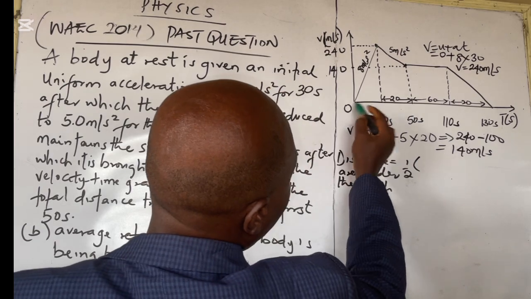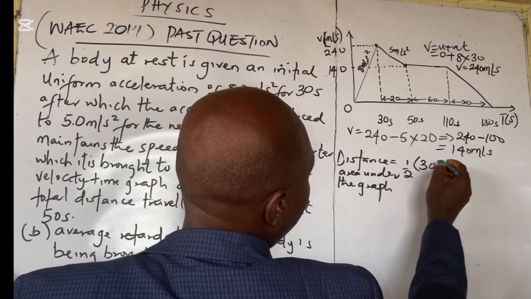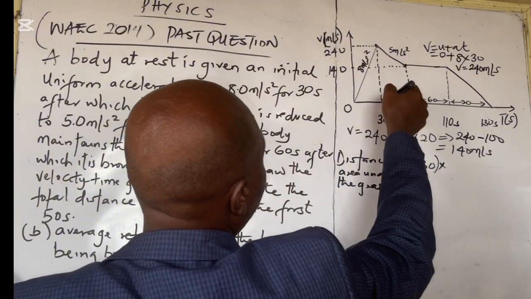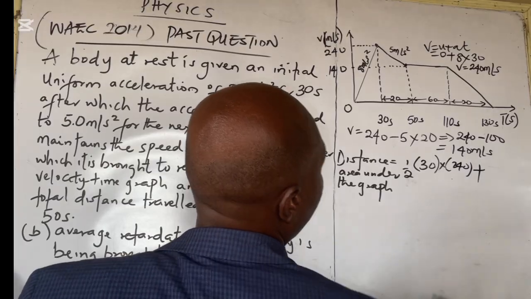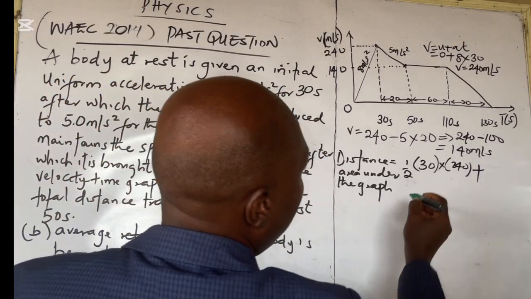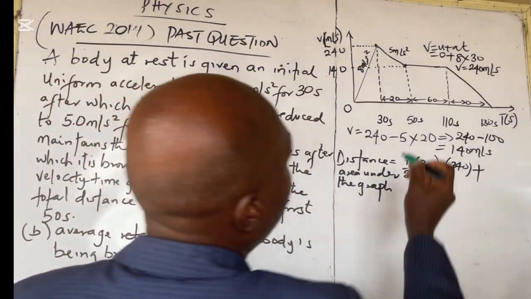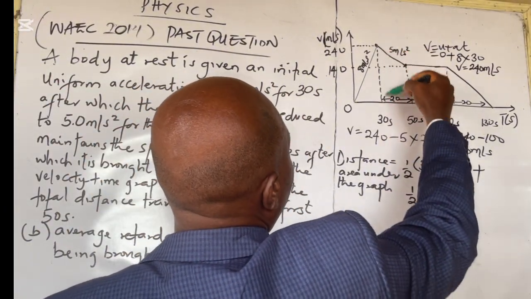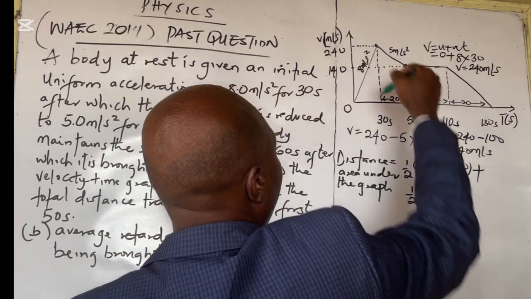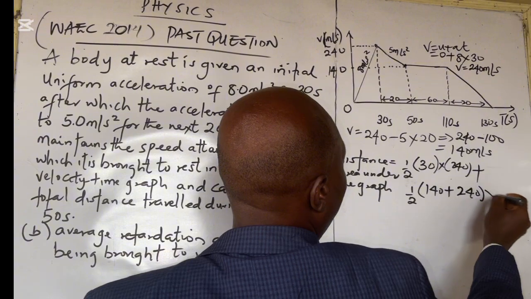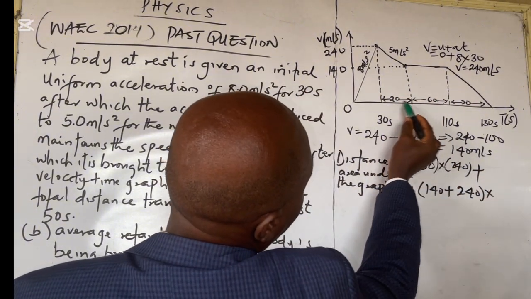The base of this triangle is 30, so half times 30, times the height, 240, plus the area of trapezium, half into bracket A plus B times H. That means A here is 140, B here is 240, and our height is 20.